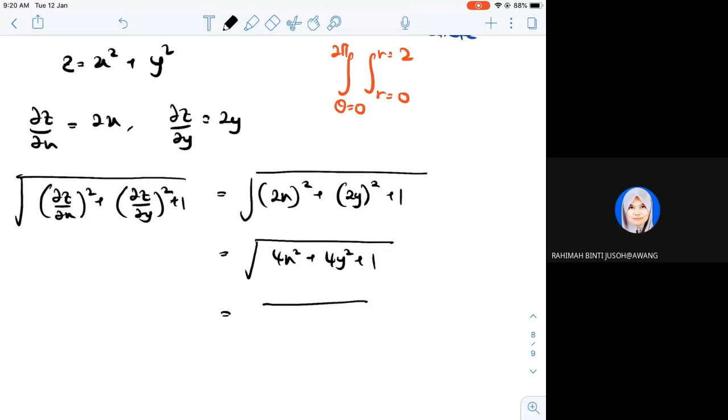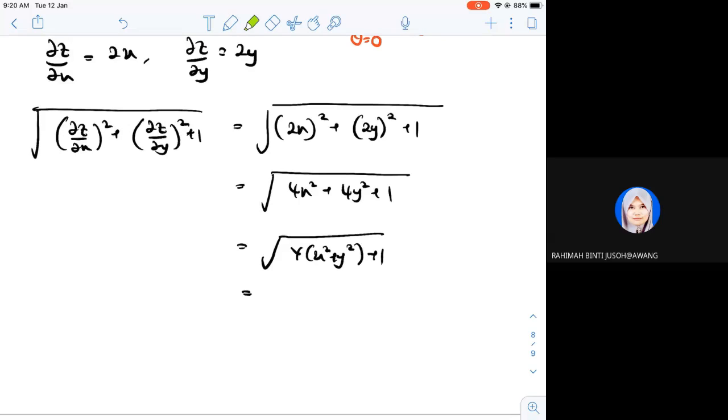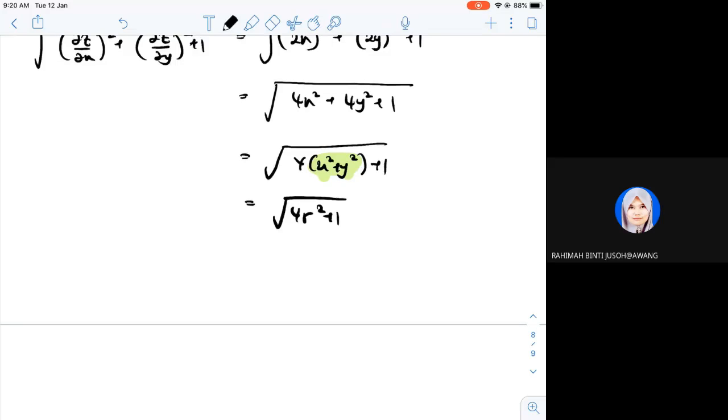If we modify this expression, it becomes 4 times x squared plus y squared, isn't it? Now x squared plus y squared can be converted to polar coordinates. This equals r squared. Yes, very good. So we will have the square root of 4r squared plus 1. This will be the middle function in our integration.